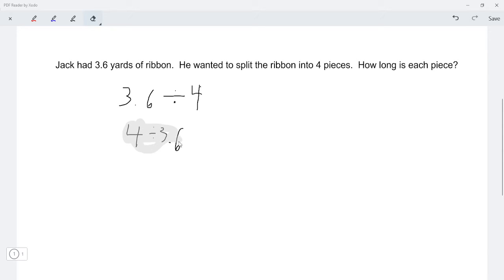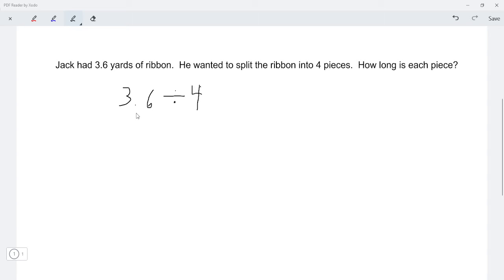So the easiest way to think about it, that will work in most of these, is basically the first number in this division problem is going to be what you have, right? So we have this amount of ribbon, and then what it's divided by is going to be how many pieces it's going to get cut into, right?